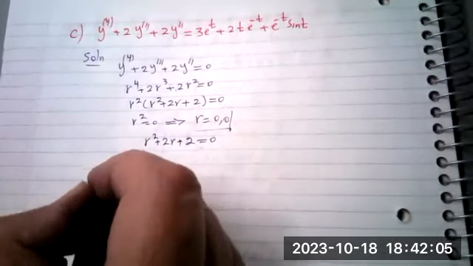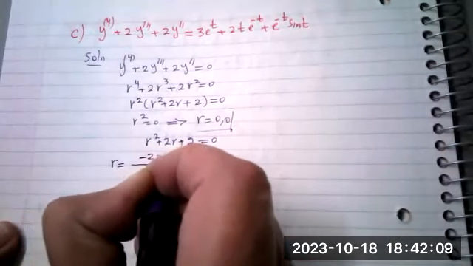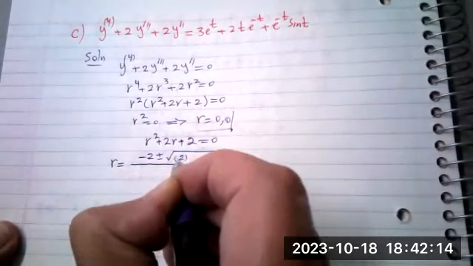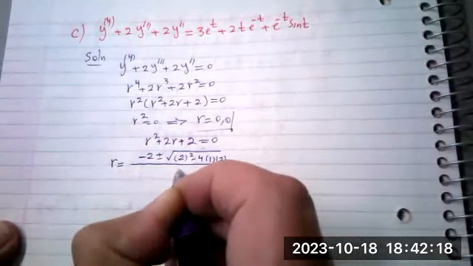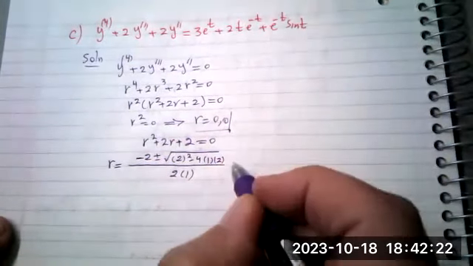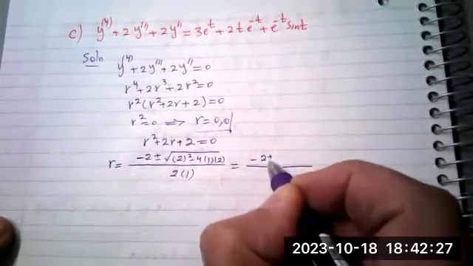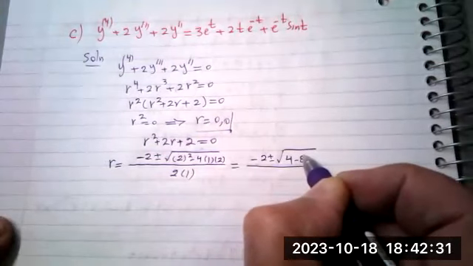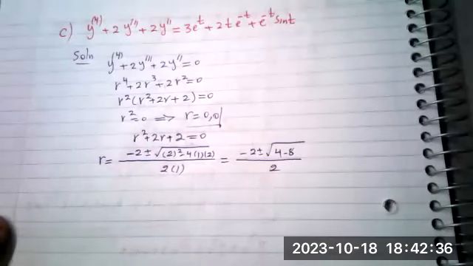Okay, so let's do it. r is equal to negative b, negative 2, plus or minus the square root of 2 squared minus 4 times 1 times 2, divided by 2 times 1. So it's going to be negative 2 plus or minus the square root of 4 minus 8, divided by 2. 4 minus 8 gives me -4.